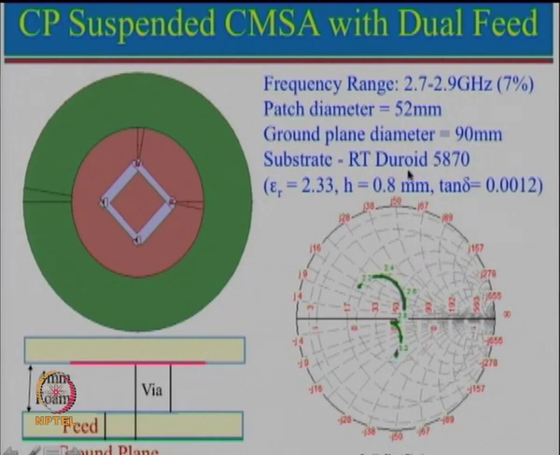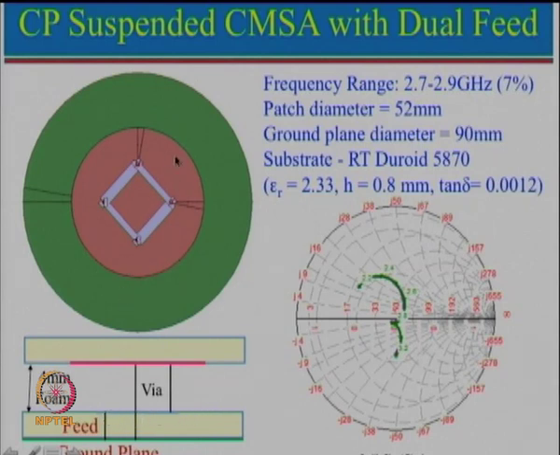So for this example we have used RT Duroid 5870 substrate, whose parameters are epsilon r and h. We have taken a 0.8 mm thickness substrate. So these are the two identical substrates over here. So now the patch is suspended over here, or printed on the underneath side of the substrate. Now what we have done, this 2 branch coupler has been designed on this particular substrate here.